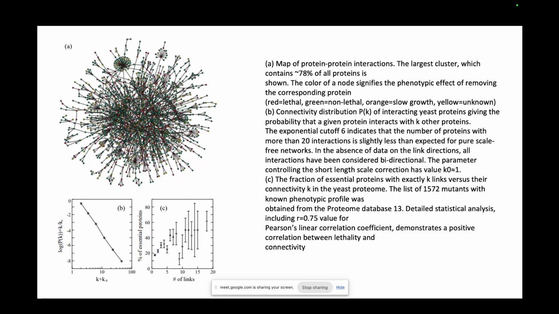So, the more connected your node is, the more essential it is to the network, and if you perturb that particular node or its edges, it can cause lethality. Here, the nodes represented in red are the lethal nodes, green are the non-lethal, and orange and yellow are other parameters. The red ones are mostly concentrated inside.